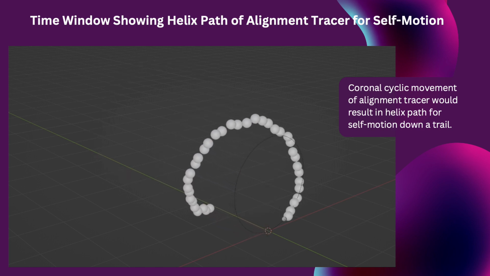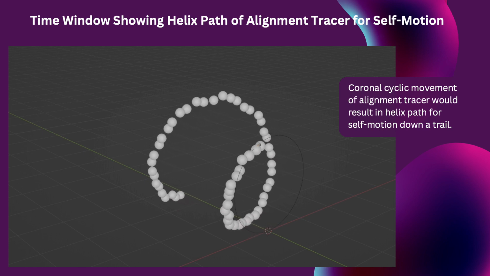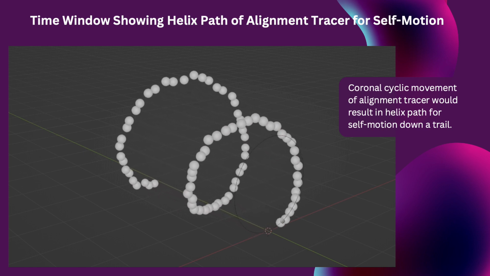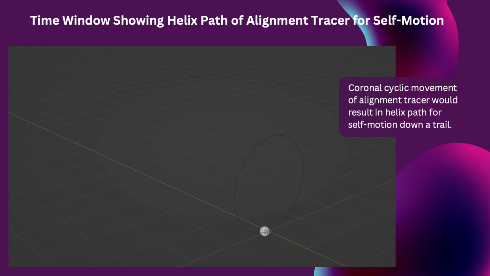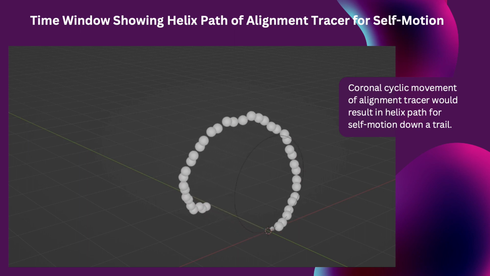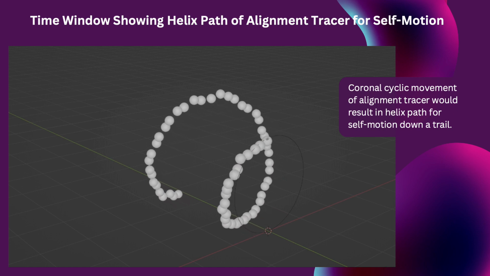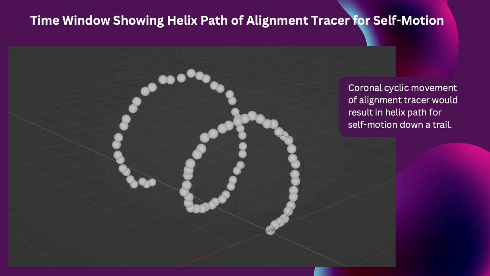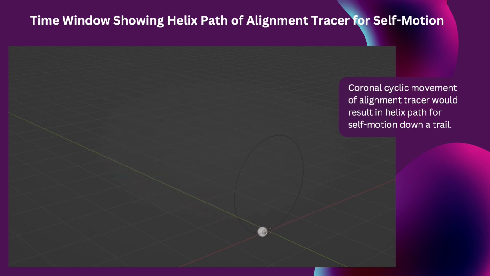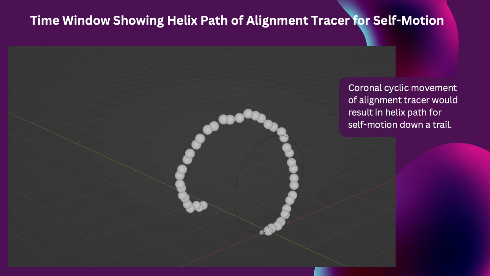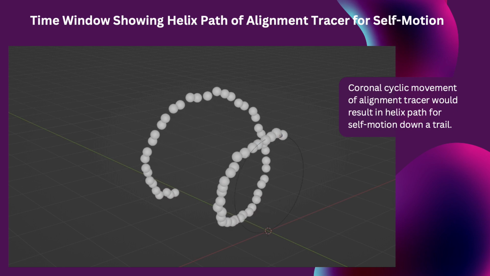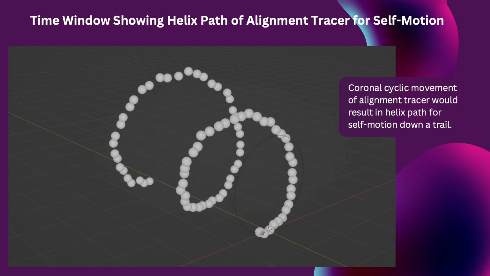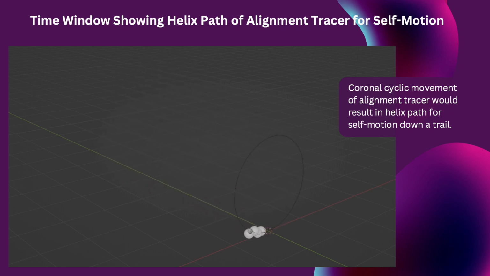So a ring would become a helix when you have some kind of axial offset, whether that is by self-motion down a trail, whether it's by walk of attention, whether it is by artificial kick-out, like when you're listening to music or something. So when I speak of a ring, I could also be speaking of a helix, depending on the frame of reference.